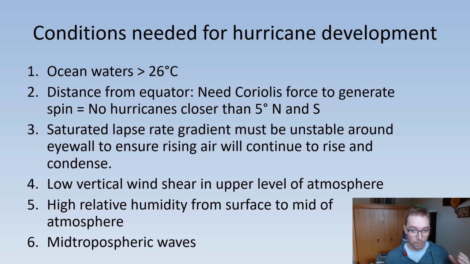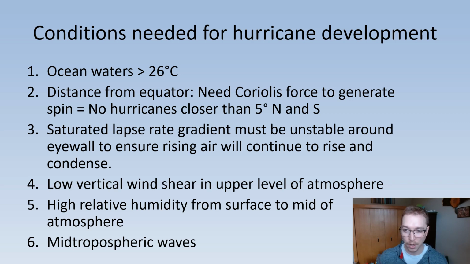So the core, the center of the hurricane is warm. The heat hurricanes generate is from the condensation of water vapor as it convectively rises around the eye wall. The lapse rate must be unstable around the eye wall to ensure rising parcels of air will continue to rise and condense water vapor.